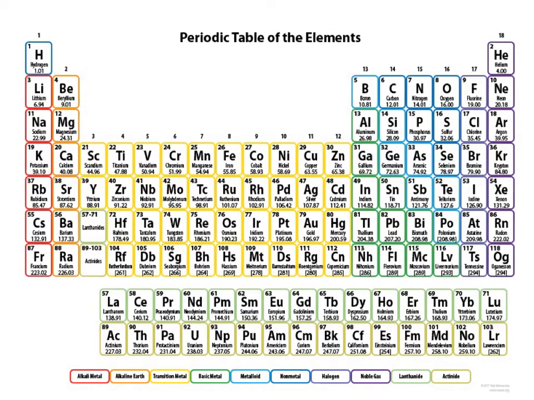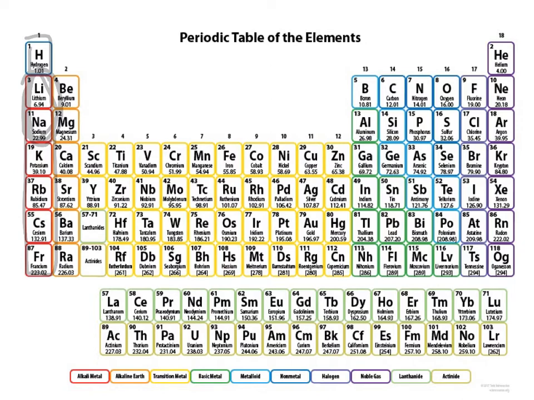Now, if we take a look here on the periodic table, you'll be able to see that lithium and sodium are found over here. And they are in the same column. So we can draw the conclusion that all the elements in this same column, which columns are called groups, are all going to have 1 valence electron.